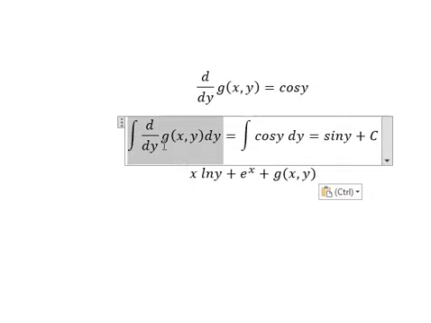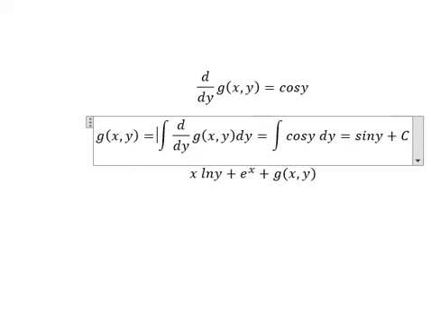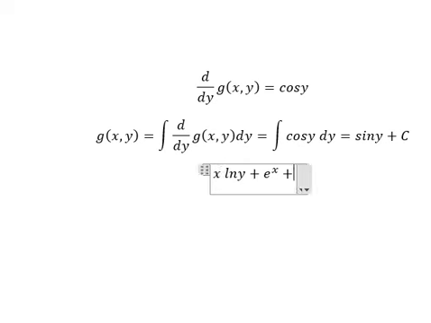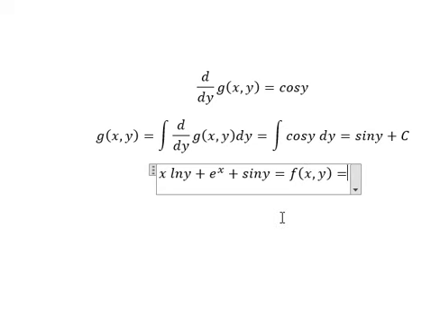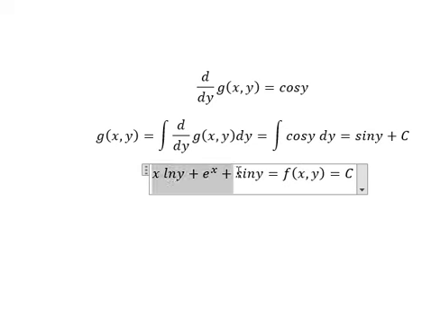The integration of this one, we have g of y. g of y equals to sine y. And we know that this one equals to f of x, y. f of x, y equals to c. And now we have the final answer.